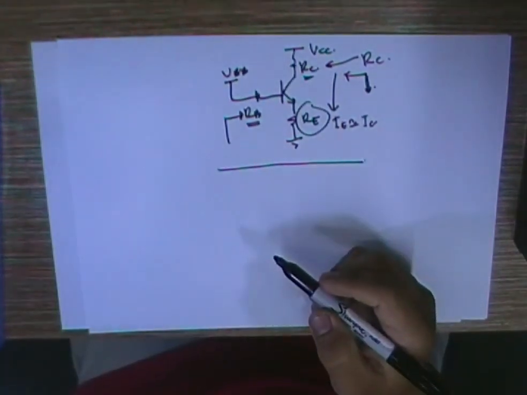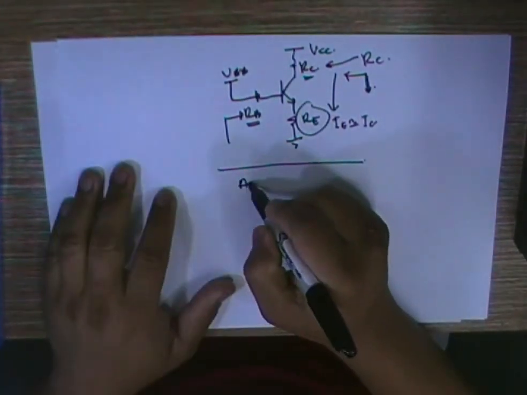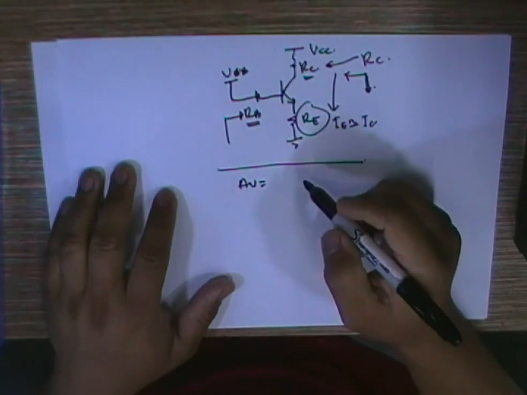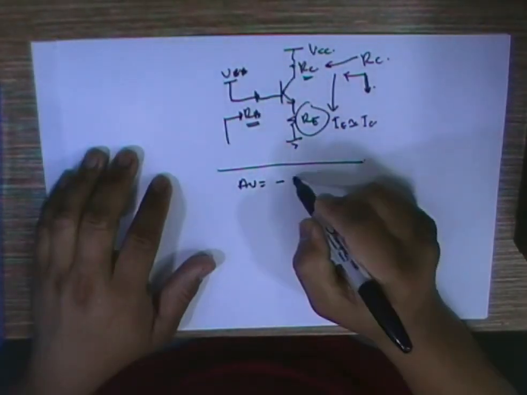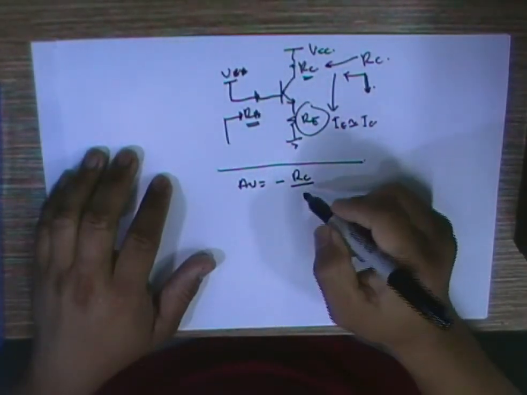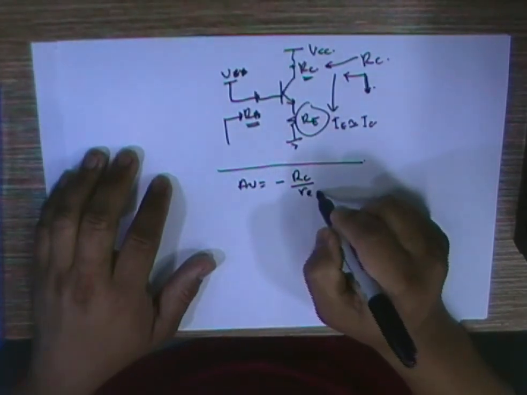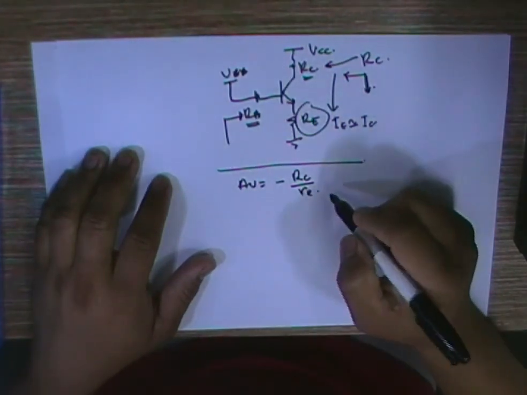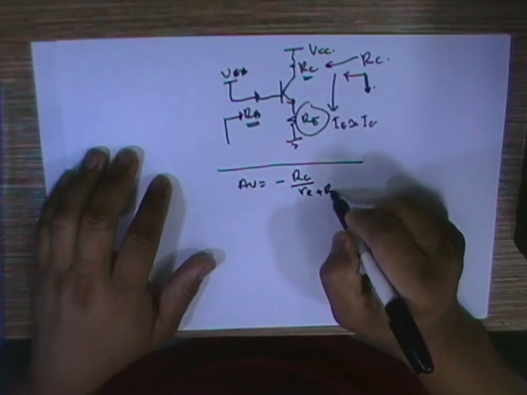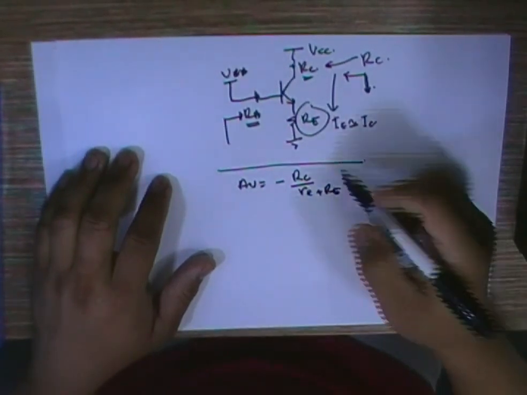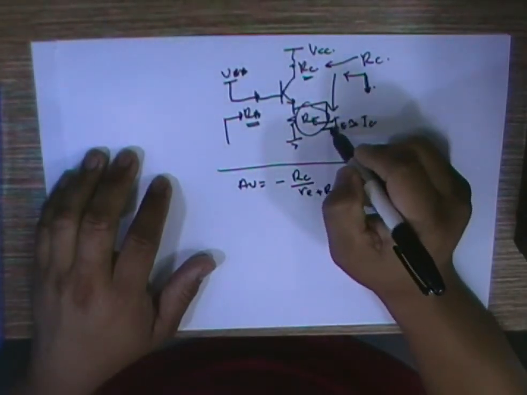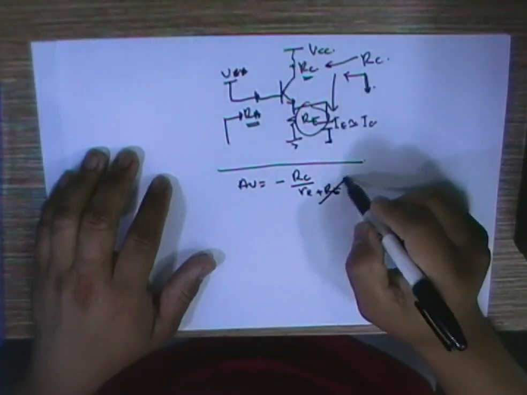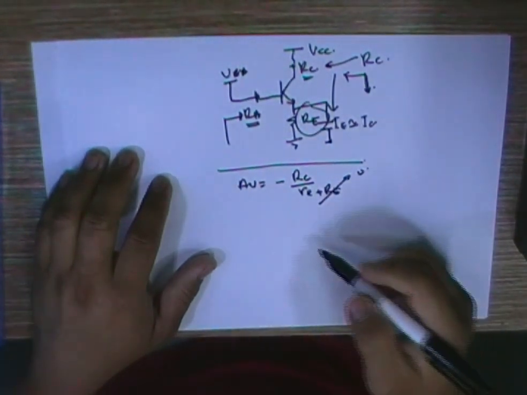Okay, in your classroom, you know that your gain is given by minus RC over (re plus RE), if you don't bypass RE. If you bypass RE, in AC it will turn to 0.